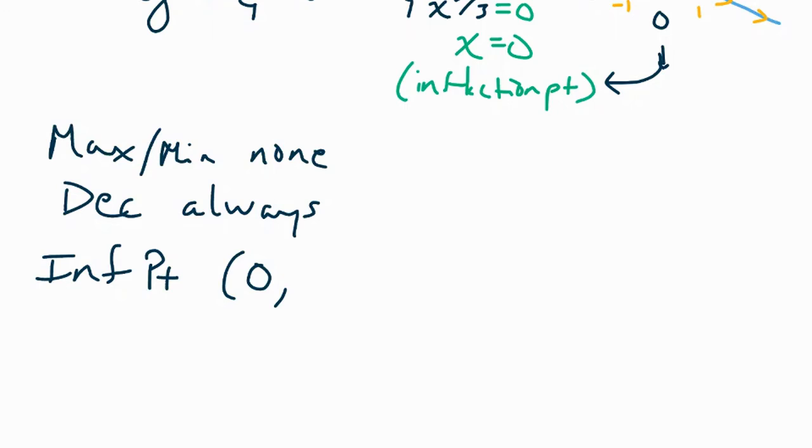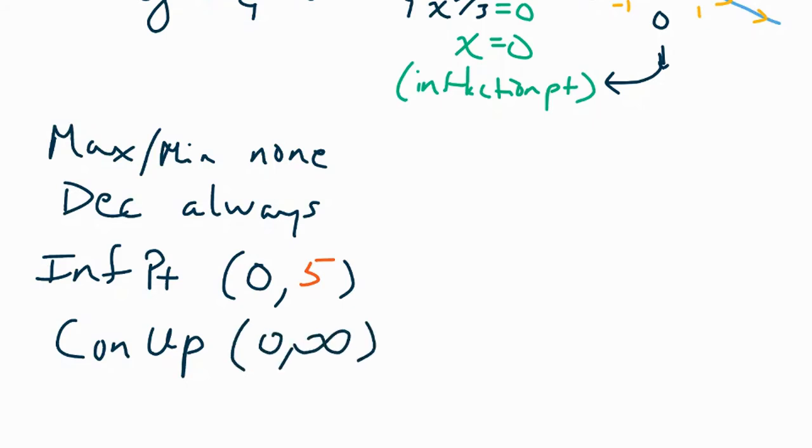Now, by the way, if I plug 0 back into the original equation, I'll get 5, so we can fill that in. And then, again, concave up. Well, it was concave up for the second half of the interval from 0 to infinity, and it's concave down for the first half, negative infinity to 0.